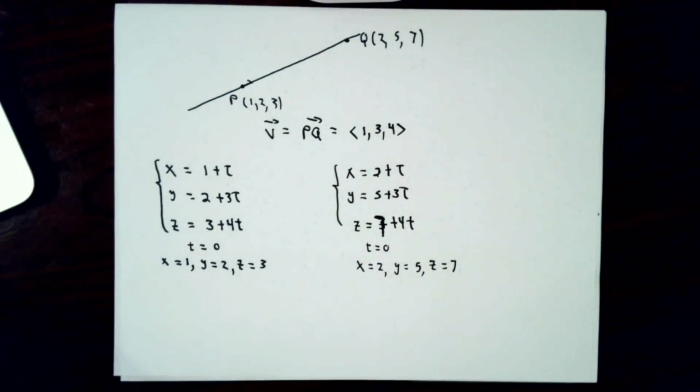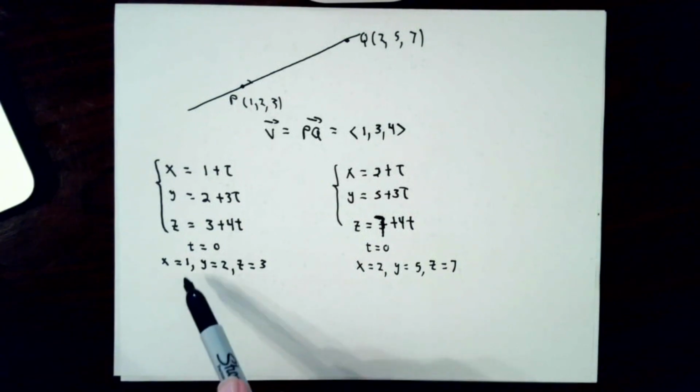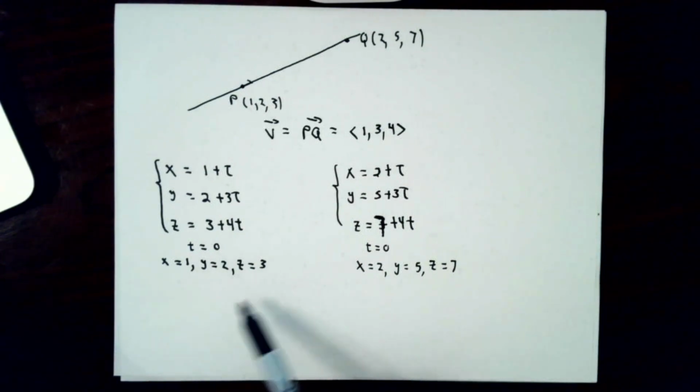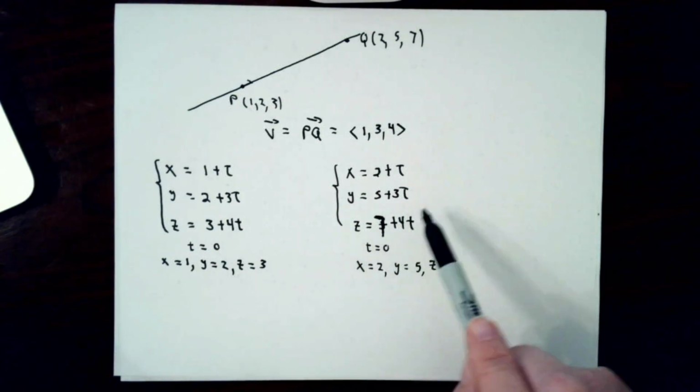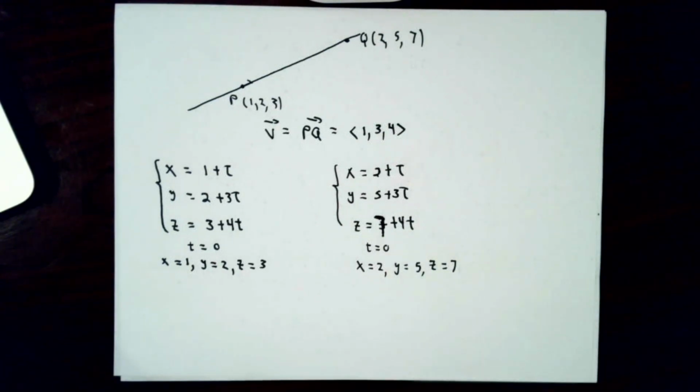I'm going to try to figure out whether or not x equal 1, y equal 2, z equal 3 is on that straight line. And if both of those things are true, then these actually do represent the same straight line, because as we know, given 2 points, there's only one straight line that passes through them.